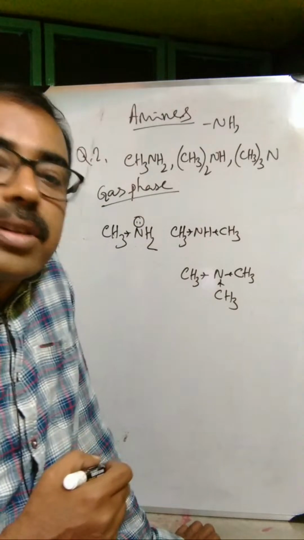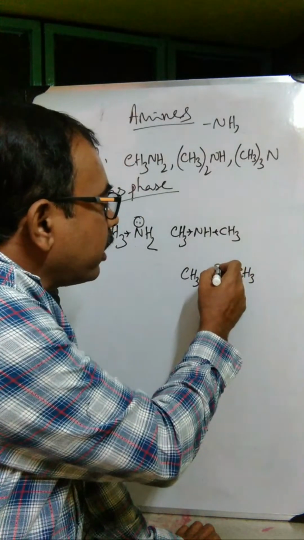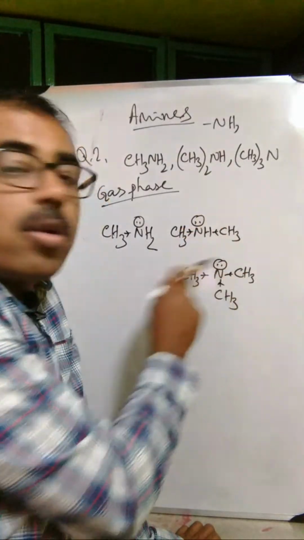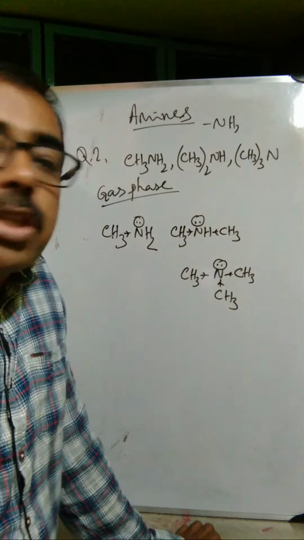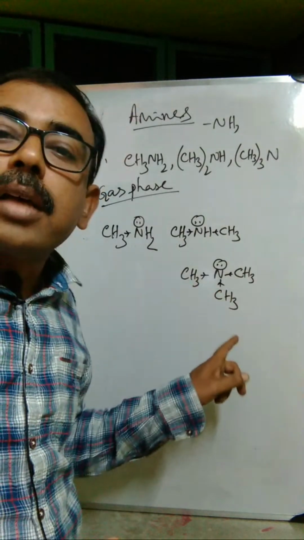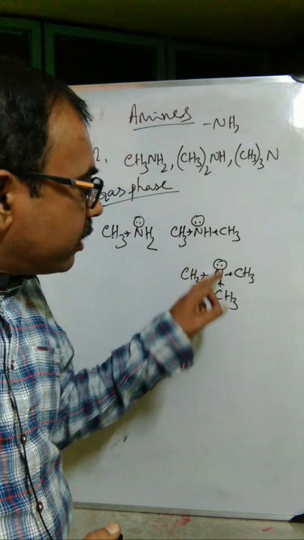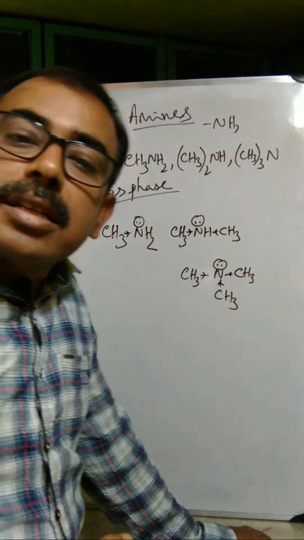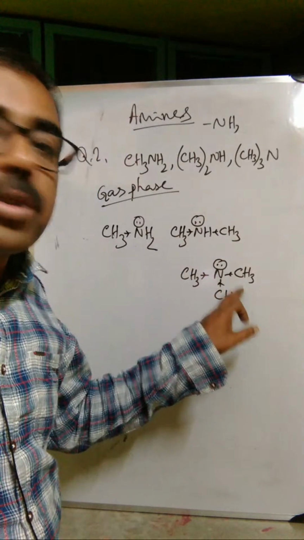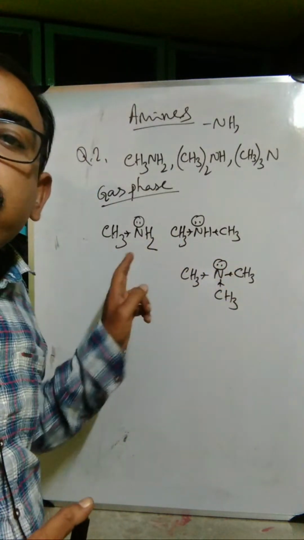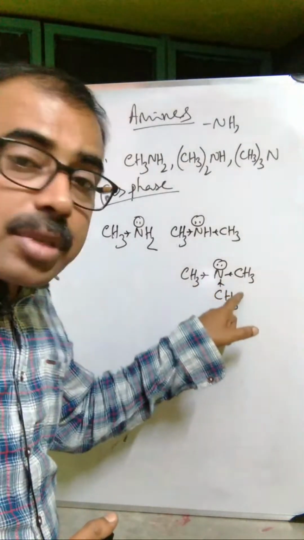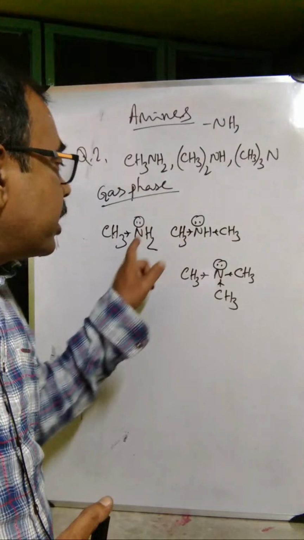Most electron dense nitrogen will be this one. The lone pair giving tendency will be maximum in trimethylamine due to the presence of three CH3 groups, which will show their +I inductive effect and increase the electron density on the nitrogen atom most. Here three methyl groups, here two, here one. So electron density on nitrogen will be increased most in trimethylamine, then dimethylamine, then methylamine.